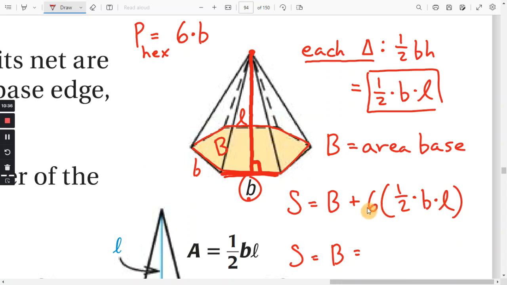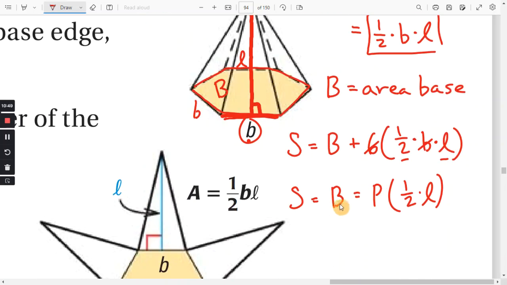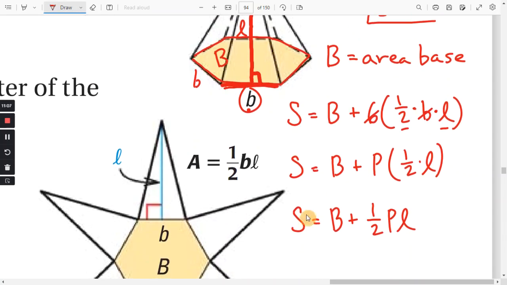We can cancel the 6 times the b and call that perimeter. And then we're left with 1/2 times L. So that's going to be perimeter times 1/2 times L. I should have put a plus here, not an equal sign. So that's a plus. And finally, surface area is going to be capital B plus 1/2 PL. And that is the formula for the surface area for a pyramid.